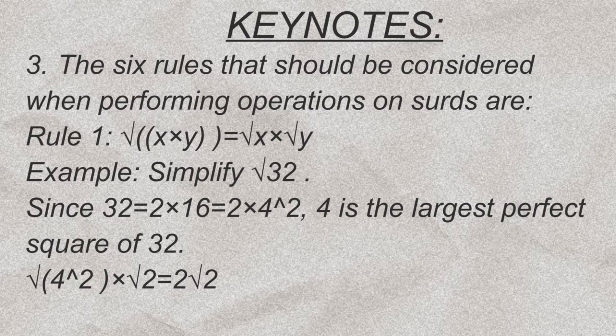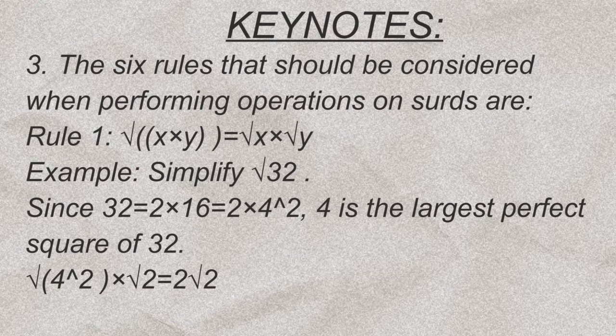Now, if we are asked, as a good example, to simplify square root of 32, looking at 32 properly, you come to find that the largest perfect square factor of 32 is 16. Now, what can we multiply by 16 to give us 32?